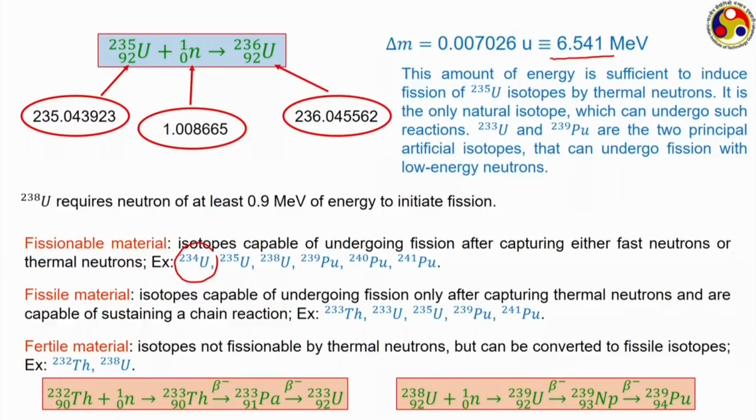It is slightly debated, so it is better to stick to uranium-234 for now and come back to this later. It is a fissionable material, but it is neither fissile nor fertile.